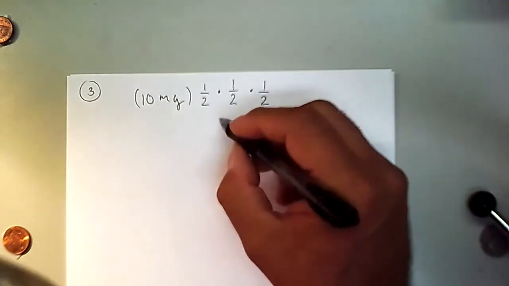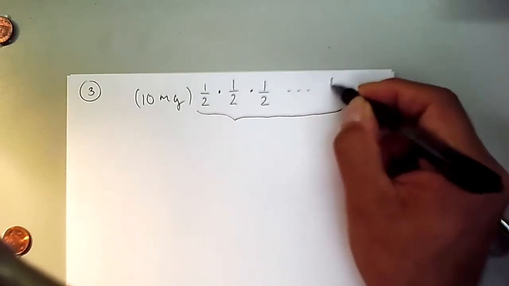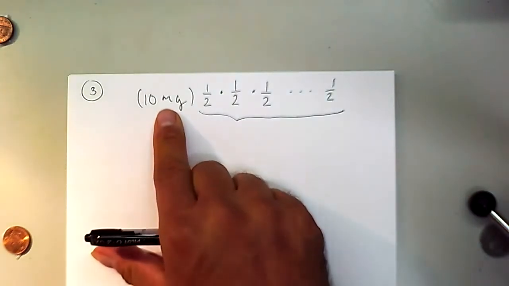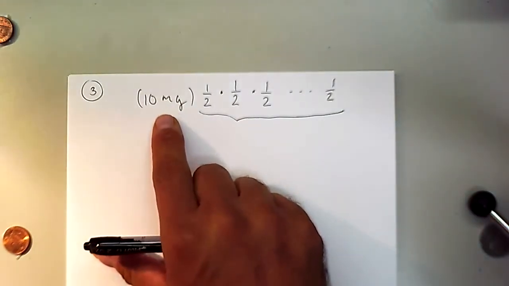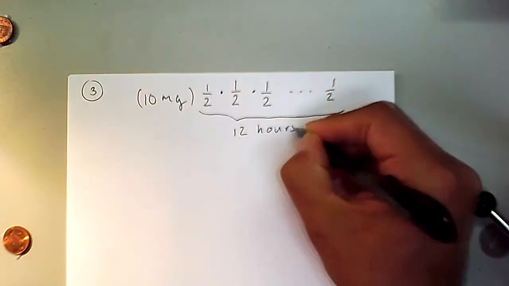So one question somebody could ask is, well, how many milligrams are going to be in your blood system after say 12 hours, or 12 times?